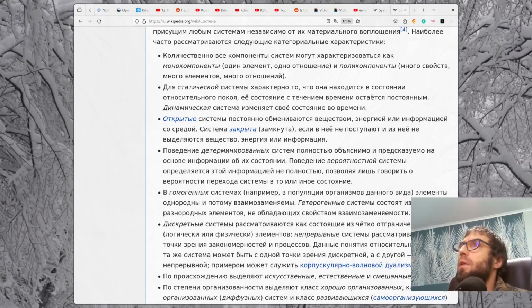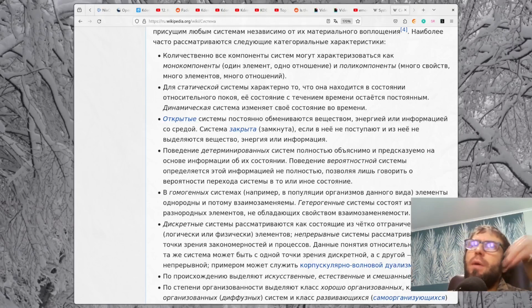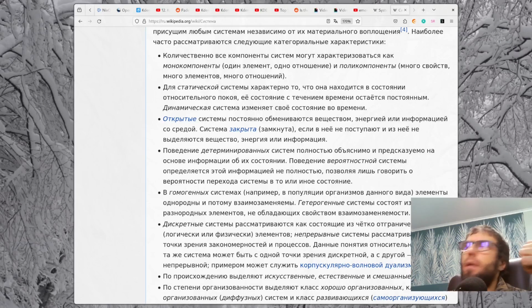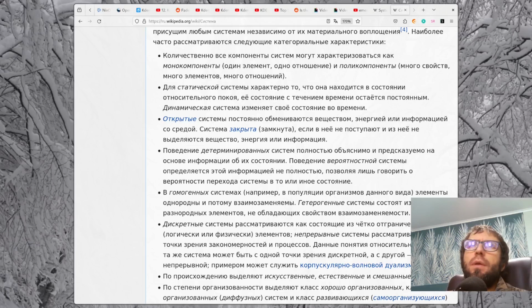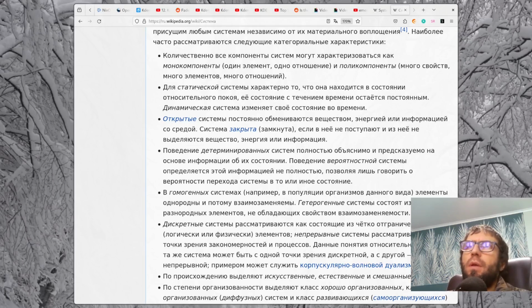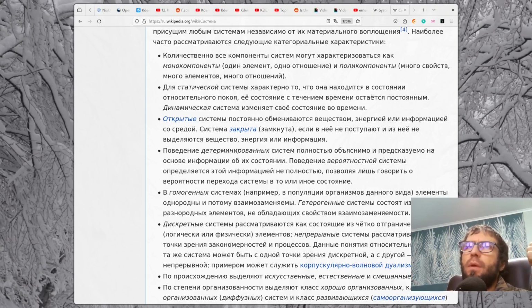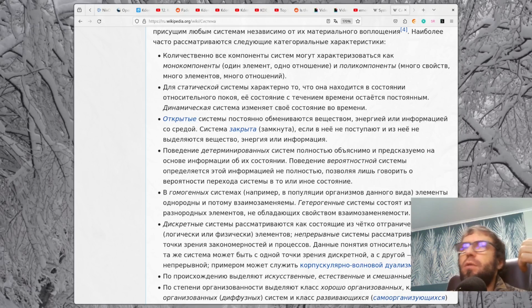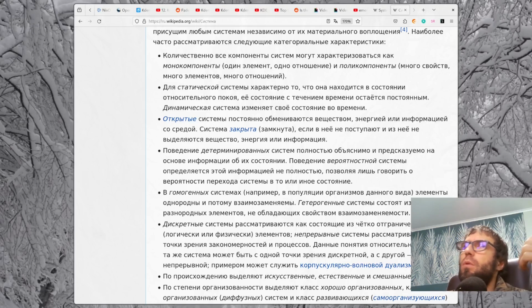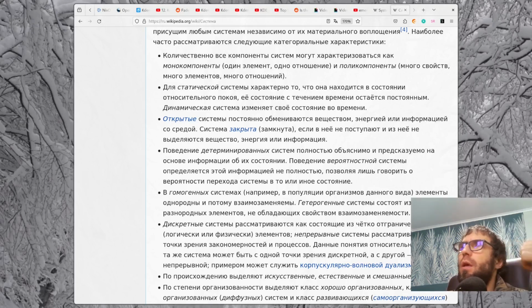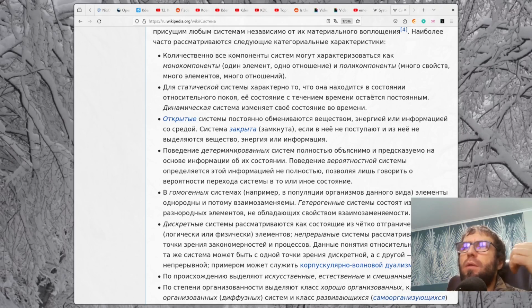Another very interesting classification is when they divide systems into homogeneous and heterogeneous systems. In homogeneous systems, all the elements are the same and they can be interchanged. On the other hand, in heterogeneous systems, all elements are different. They have different functions and so on, so we cannot exchange the elements with others in such systems.